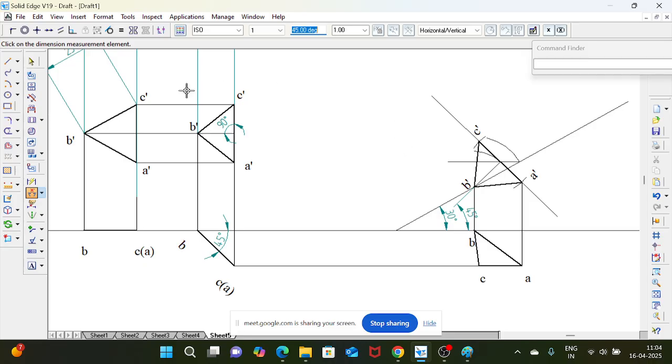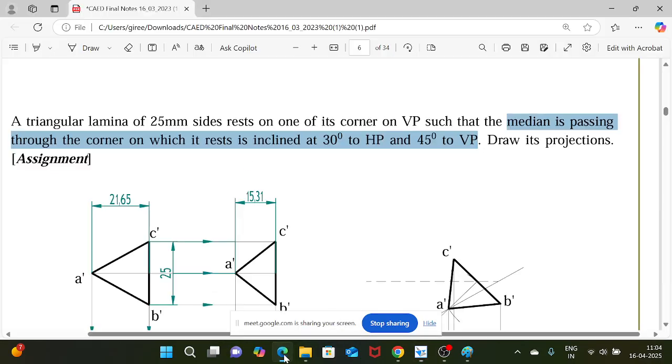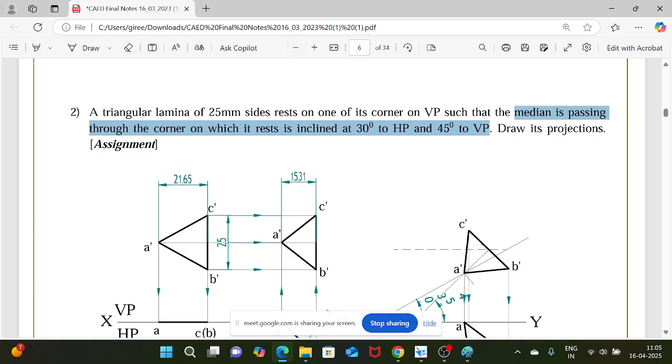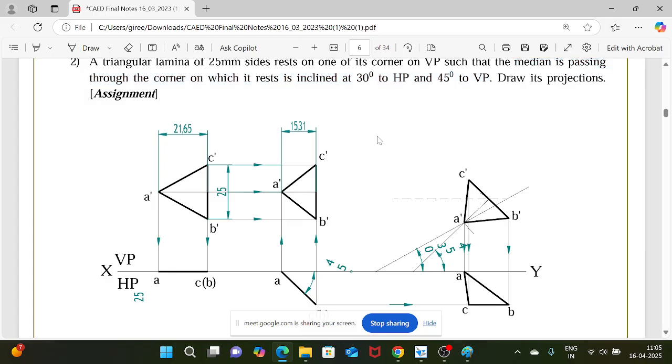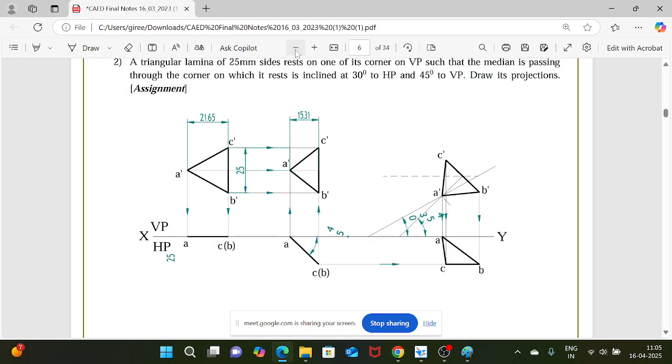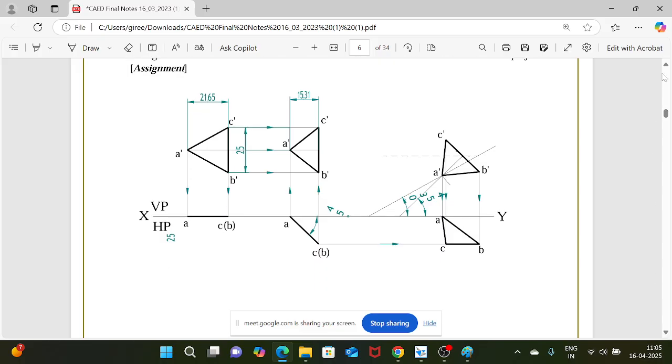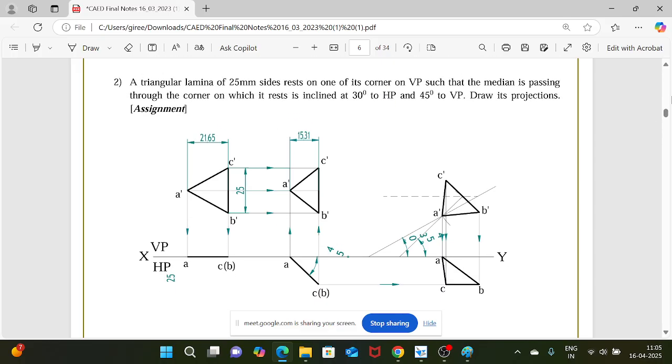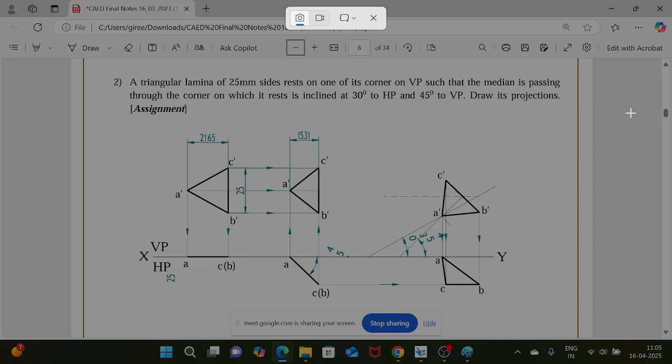Take your sketchbook and geometry box. Try to solve this problem.